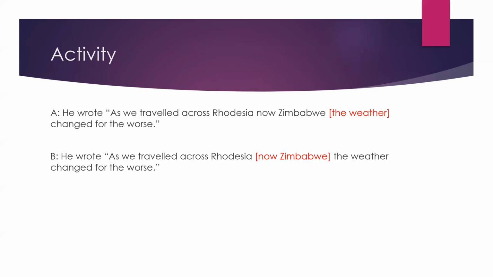Now we come to our final activity. We have two uses of brackets here. Which one is the accurate, correct use? A: He wrote, as we traveled across Rhodesia [now Zimbabwe], the weather changed for the worse. B: He wrote, as we traveled across Rhodesia, [now Zimbabwe] the weather changed for the worse.